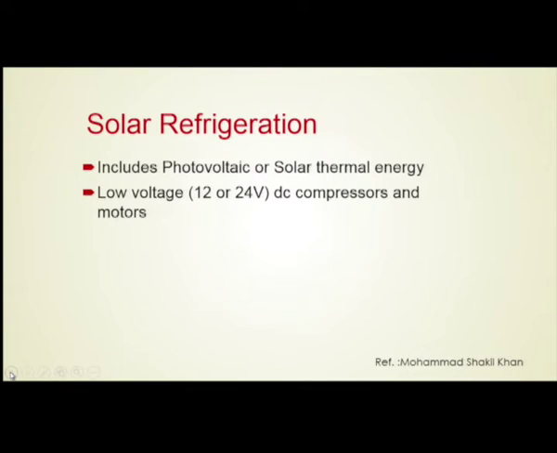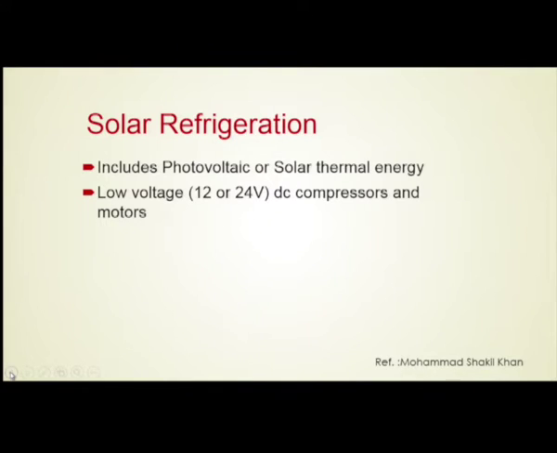In the case of photovoltaic based solar refrigeration systems, they use low voltage DC compressors. The PV panels convert the solar energy into electrical energy in the form of direct current.